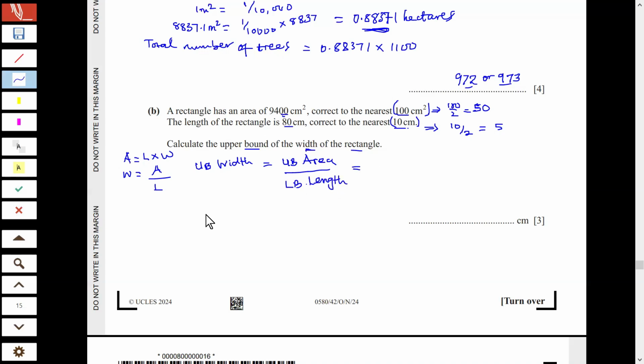Now, the upper bound of the area will be 9,400 plus 50, and that gives us 9,450 centimeters square over the lower bound of the length. We have to subtract the degree of accuracy, which here is 5. So we're going to subtract 5 from 80 to give 75 as the lower bound for the length. If you divide this, we're going to get 126 centimeters as the final answer.